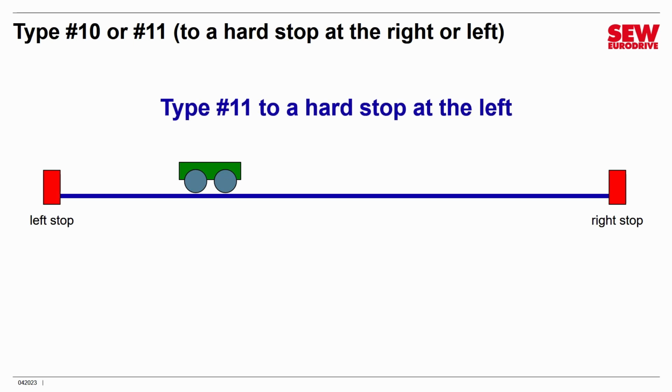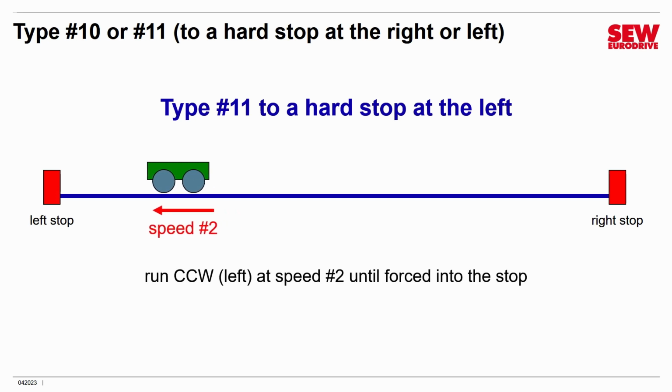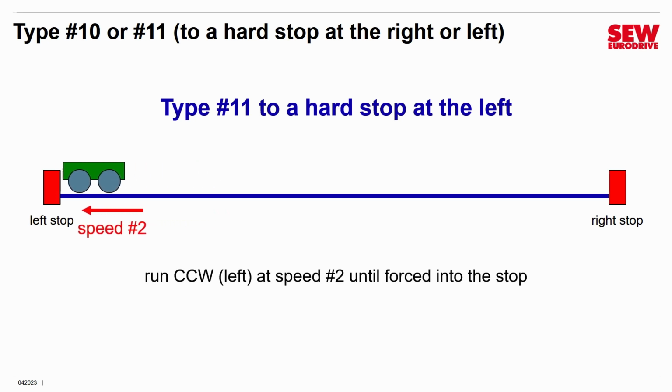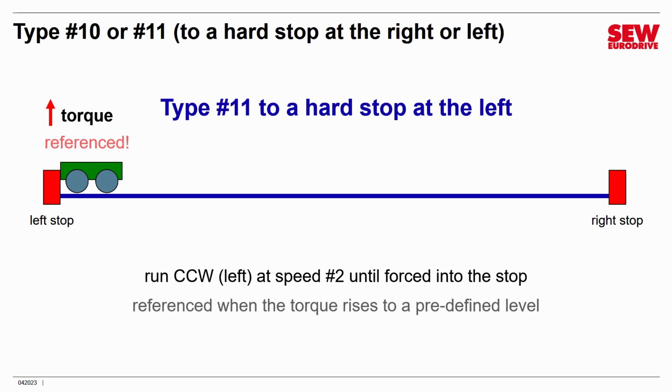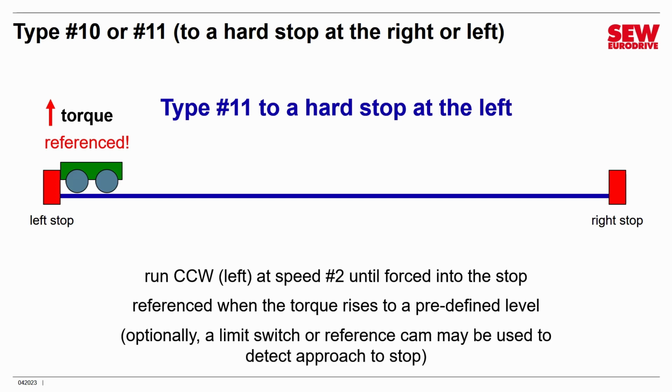Kind of like this. We'll do type number 11, moving to the left. So we move at the slower speed until we're forced into the stop, the torque rises, and we say, okay, we're referenced. Pretty simple. Optionally, a limit switch or reference cam can be combined with this to detect your approach to the stop, but I didn't show that here.